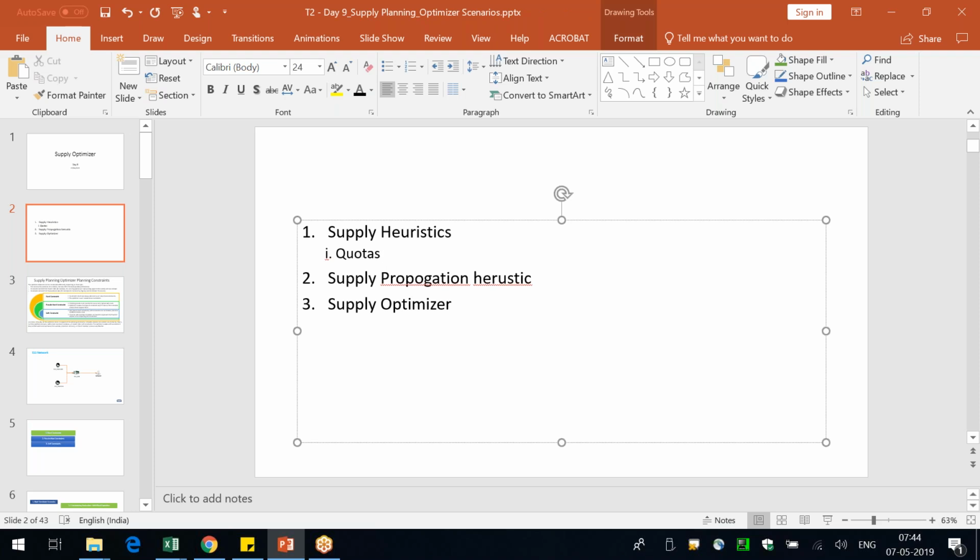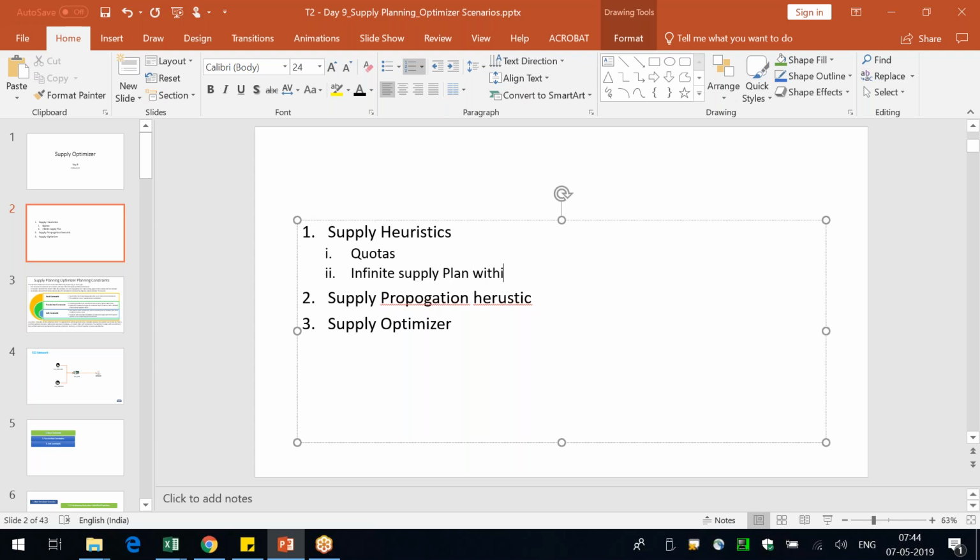And then we have also seen different things inside the heuristics, how in-house and external production happens. The key takeaway of the supply heuristics is that this is an infinite demand and supply plan without any shortages.